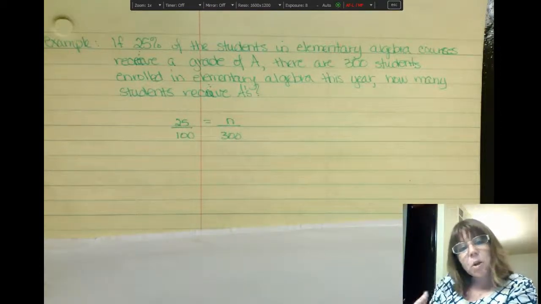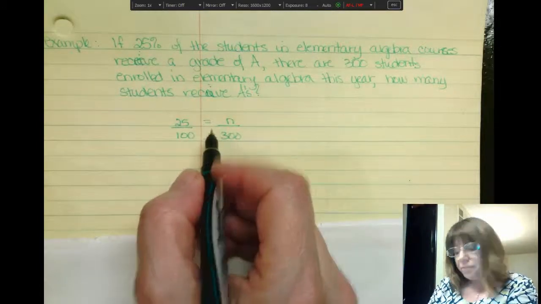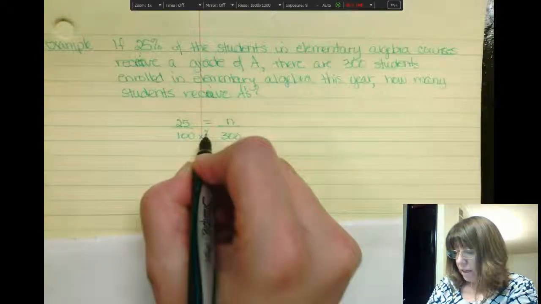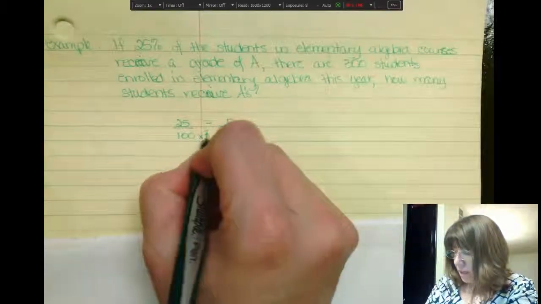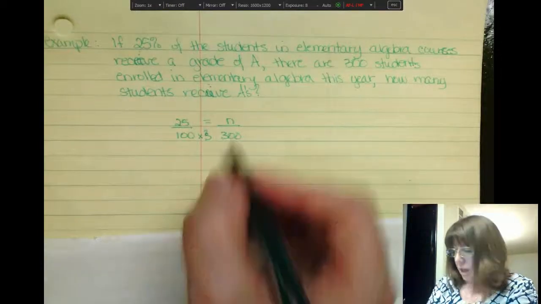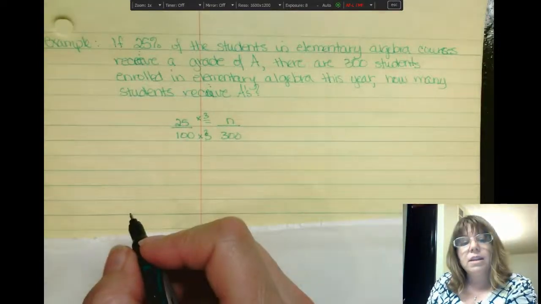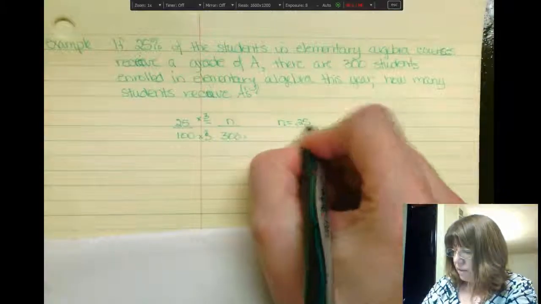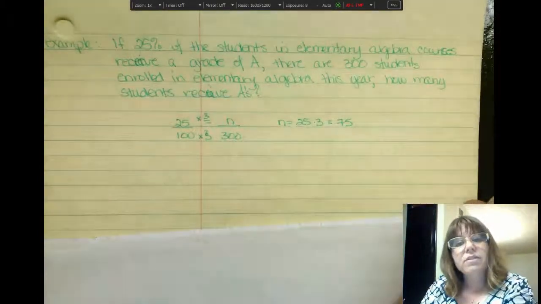But if you take a moment just to look at the problem, this is a proportion. 100 is multiplied by what number to get to 300? Well, I multiplied it by 3. And if I multiplied the denominator by 3, I need to multiply the numerator by 3. And if that's the case, n would be 25 times 3, in other words, 75.